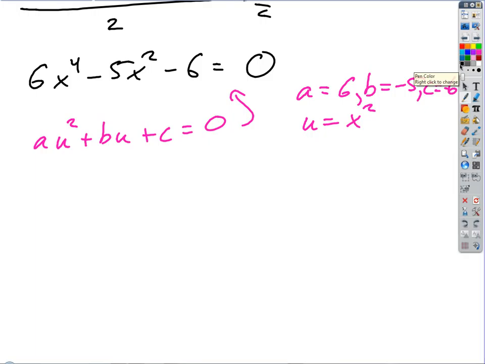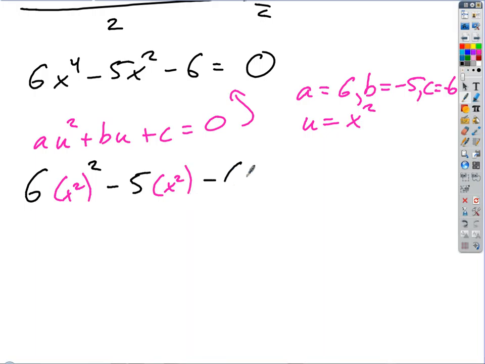Hey, over here, I need you guys to stop, this is distracting me. So I've got 6 times the x to the 4th, I'm going to write as x squared, minus 5 times x squared, minus 6 equals 0, right?